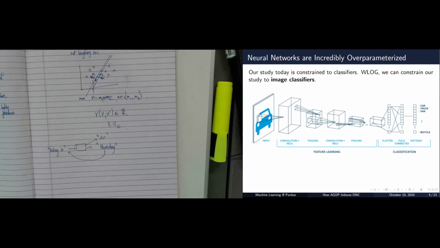Okay. So without loss of generality, we are constraining our study to image classifiers, but this works pretty generally. We will see in one of the papers even results from transformers, so that's cool. The other thing is the traditional paradigm that we face in machine learning is I have more data points than I have parameters, and you have to find some generalized explanation of this data in order for this model to generalize, right?